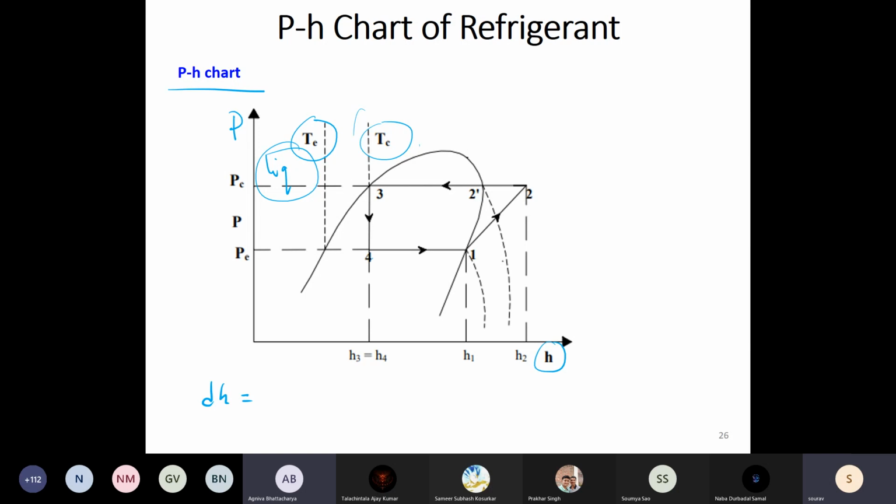Let's say in the subcooled region, subcooled water, I want to write an expression for change in enthalpy of water. What equation do I write? Cp dT, isn't it? Per unit mass.